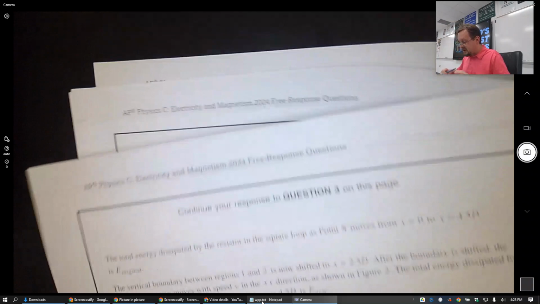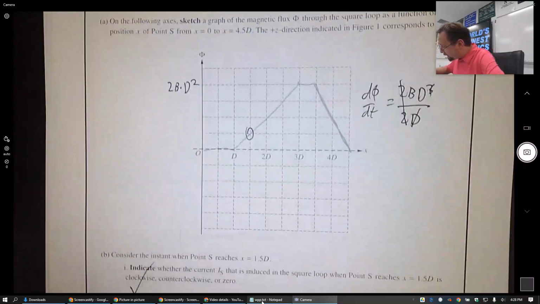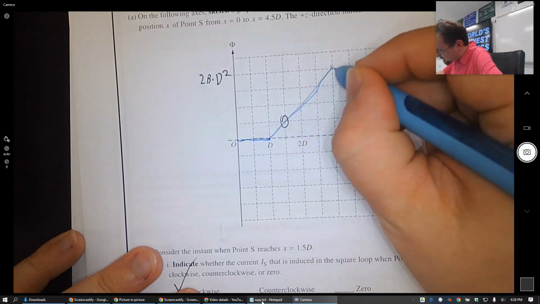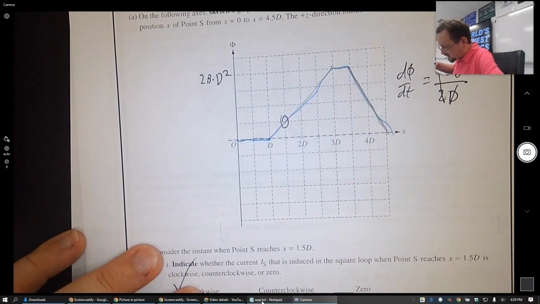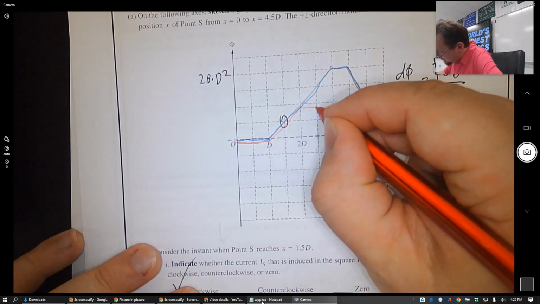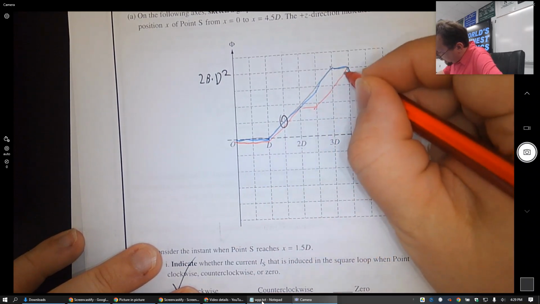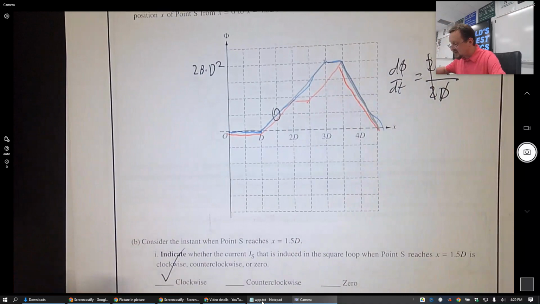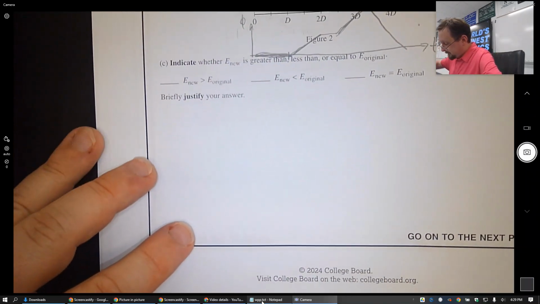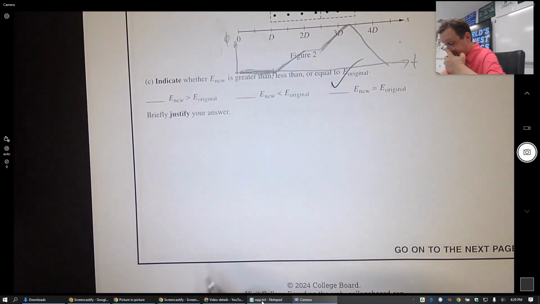So here's what this is going to do. It's going to go from being this that I'm doing in blue. This is the correct answer. The new situation is going to be like red, like that. So you actually get the same currents for the same time. So I'm going to say the new is equal to the original.